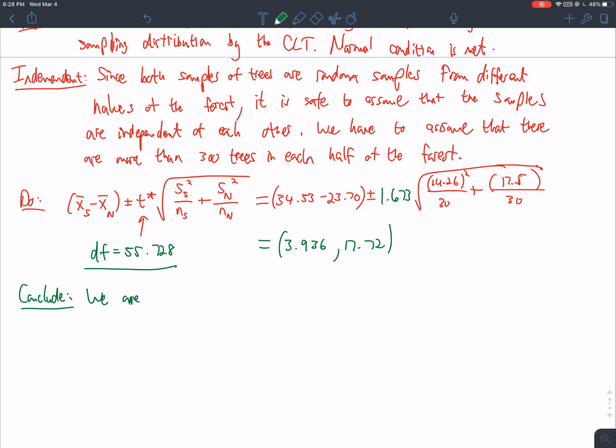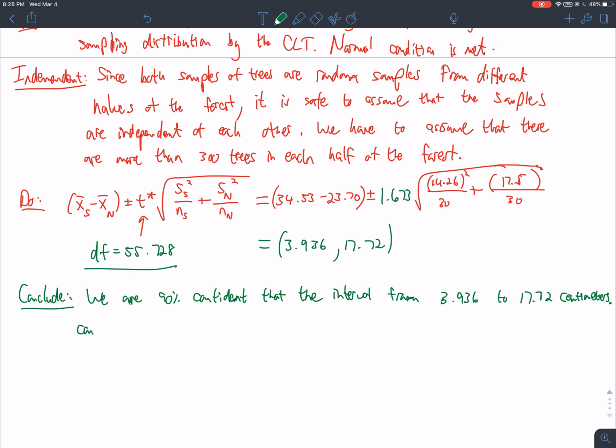So we are 90% confident that the interval from 3.936 to 17.72 centimeters. This was the unit, okay?